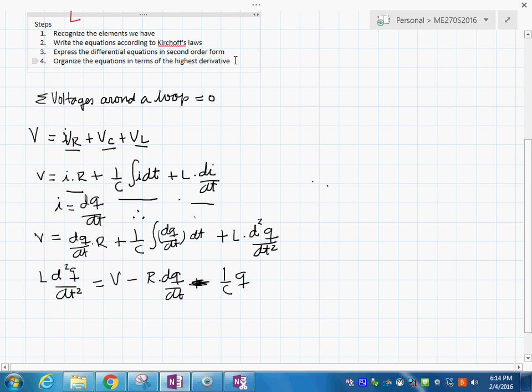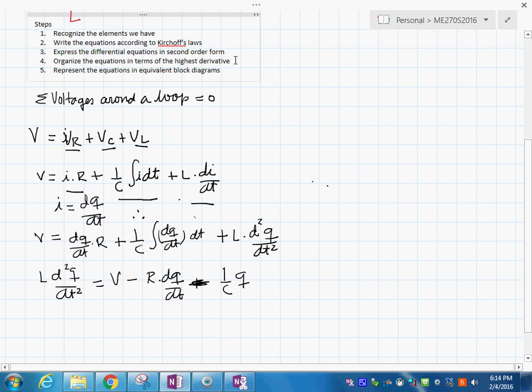So let's put that as step number 4: represent the equations in equivalent block diagrams. What does it mean?